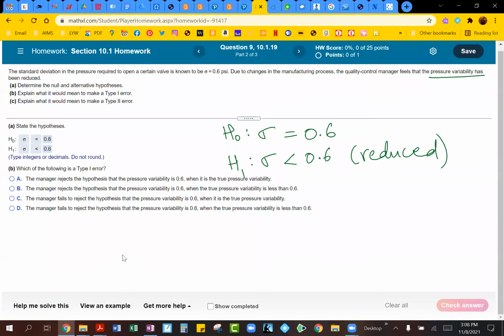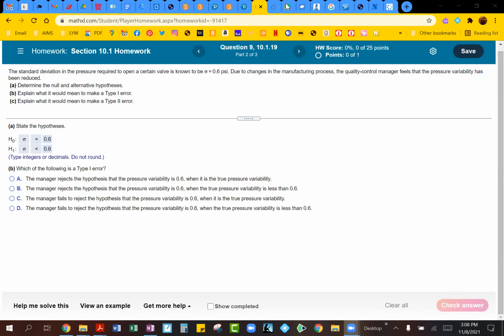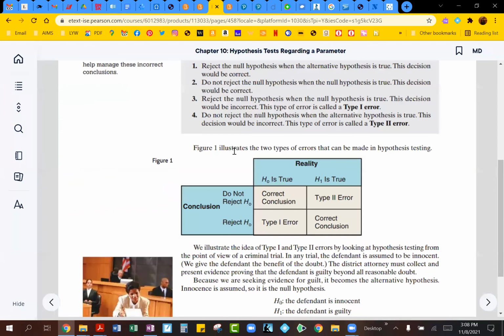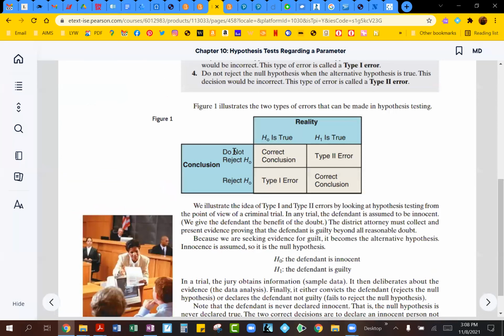So remember type 1 error, and let's see if it will let us go back to our textbook page. There we go. Let's find that table one more time. Remember, type 1 error happens when the null hypothesis was true, but we rejected the null hypothesis. So that's basically where you need to think about where the type 1 error is happening.